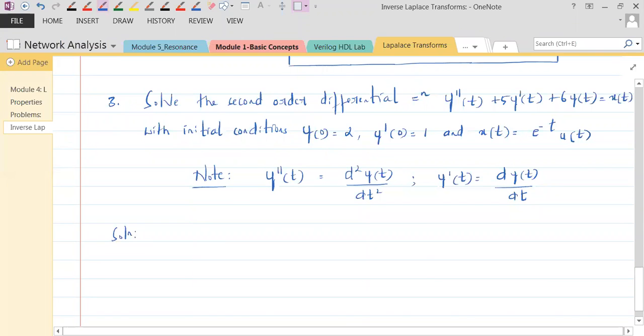Solution using the differentiation in time domain property, or time differentiation property.